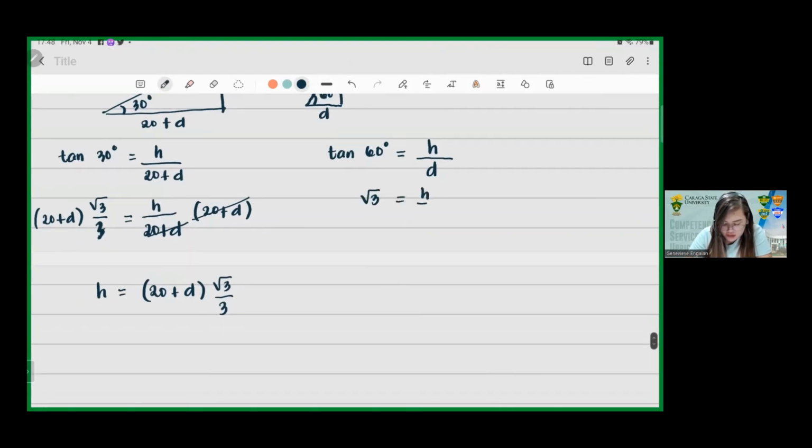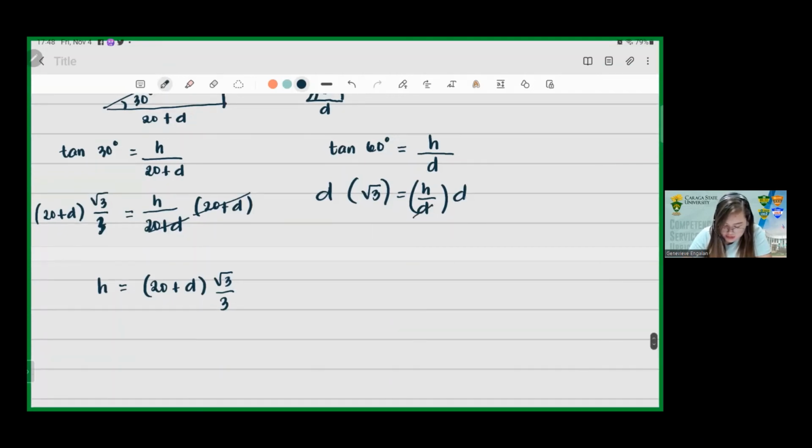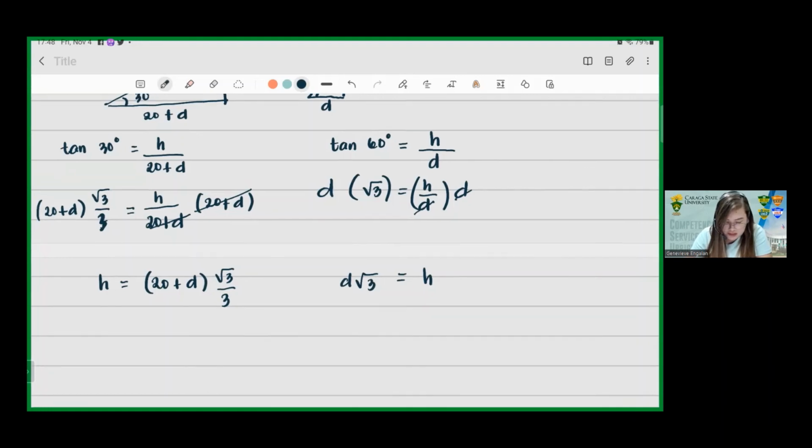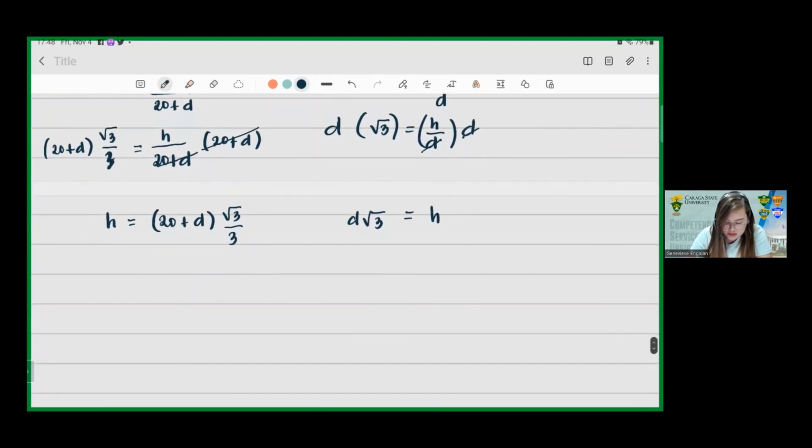So H over D equals square root of 3. Multiply both sides by D, so H is equal to D times square root of 3. So we now have H in both.